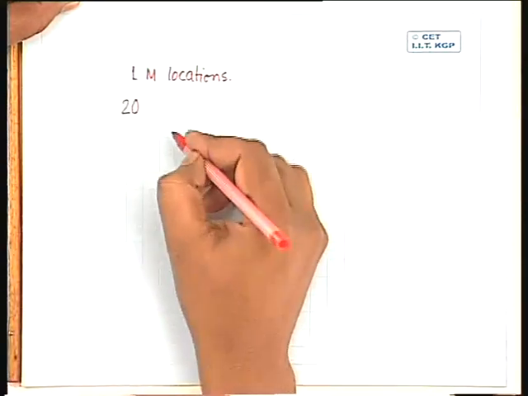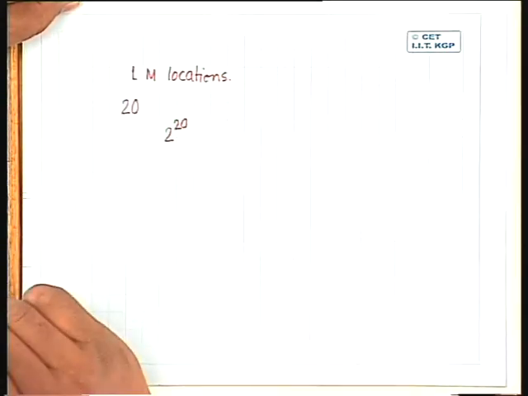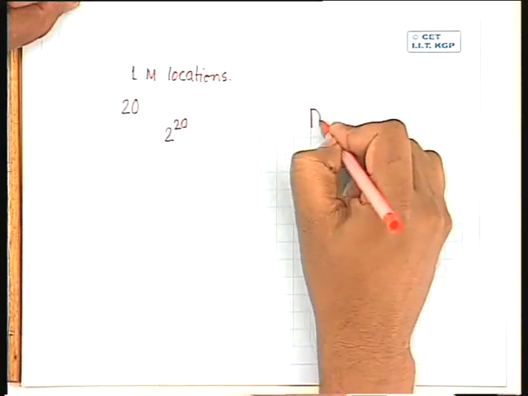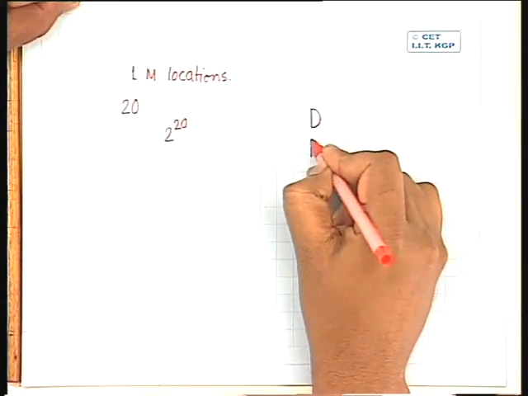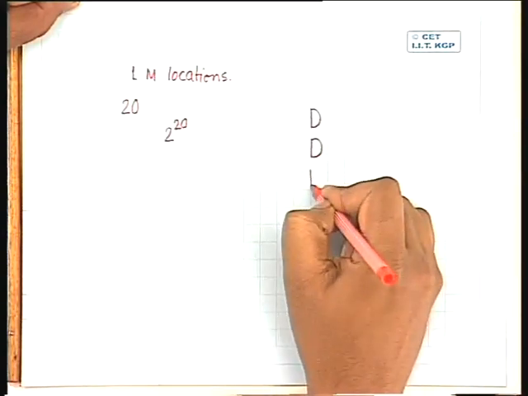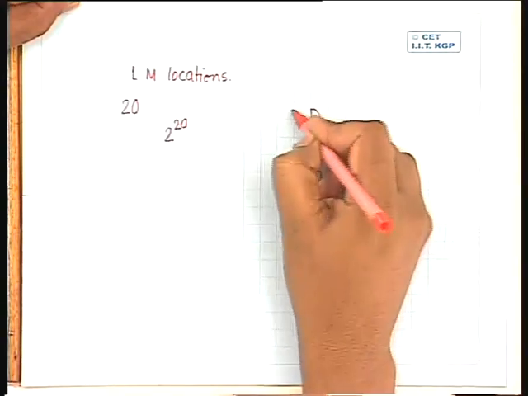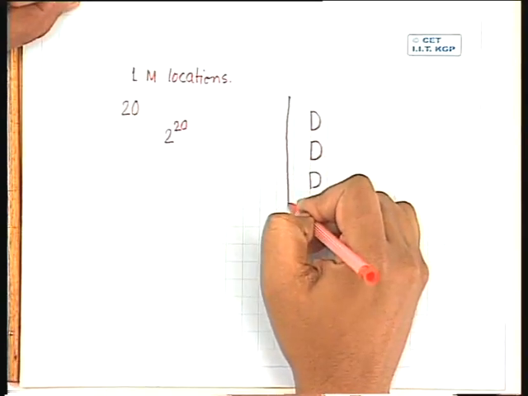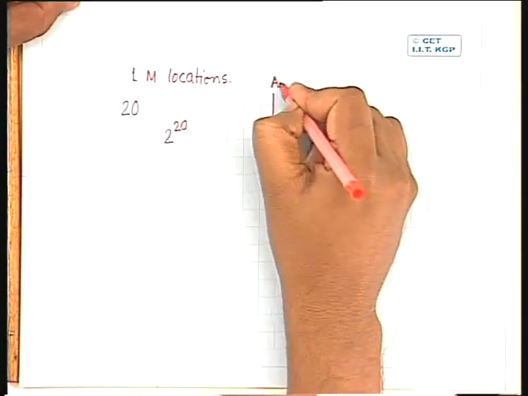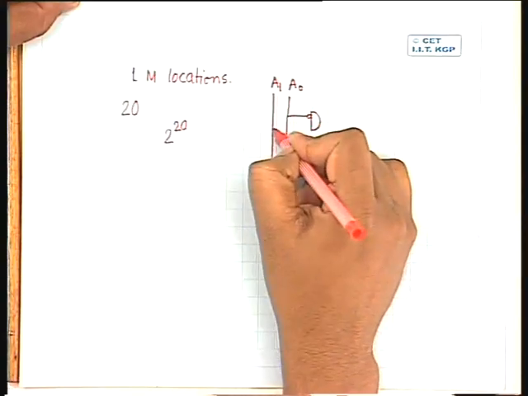In the decoder, I need 2 to the power 20 AND gates, because the decoder logic is simply an array of AND gates. If I want a simple 2 to 4 decoder, which will have 2 lines, say A0 and A1, the connection will be something like this.